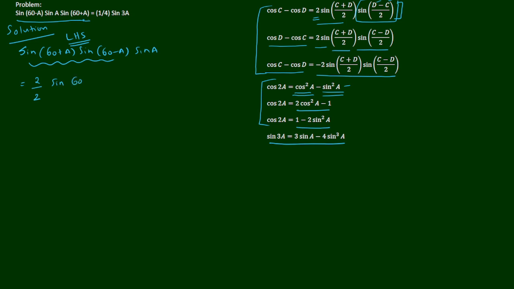Sine 60 plus a, minus sine a minus 60, and let's introduce a 2 here on the first sine term and introduce a 2 here and divide by 2. So you are multiplying and dividing by a 2.